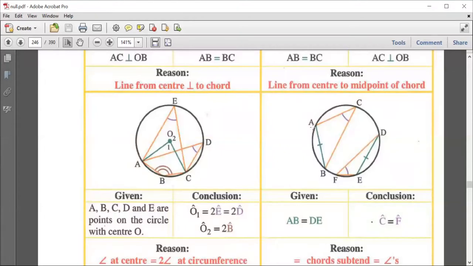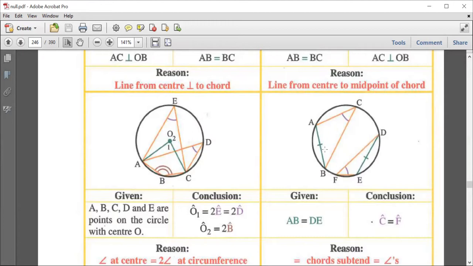In this case, we're given that AB is equal to DE. So if AB is equal to DE, therefore, the angles opposite to those sides are equal.